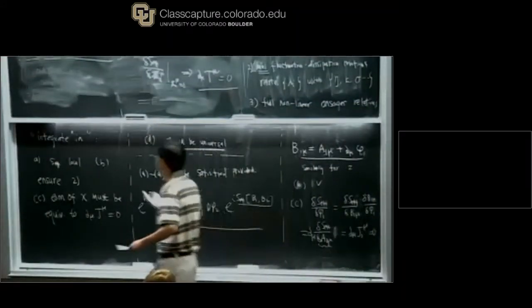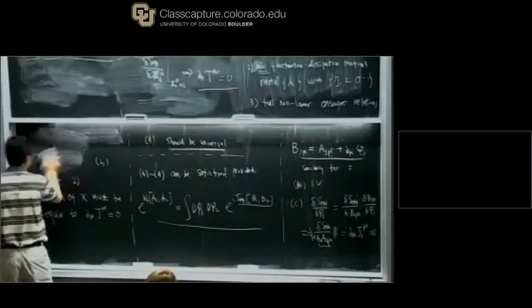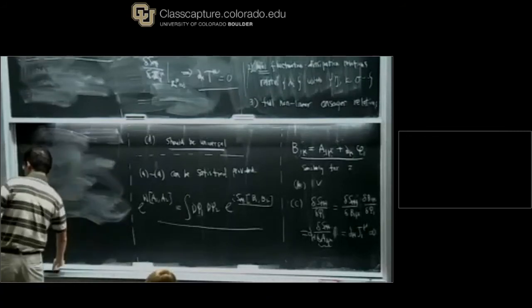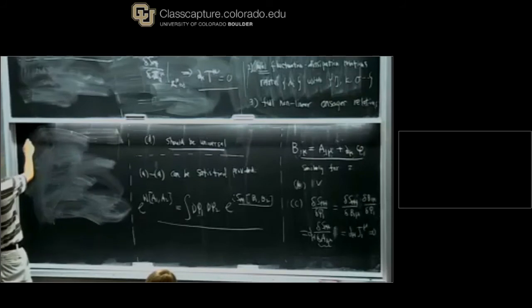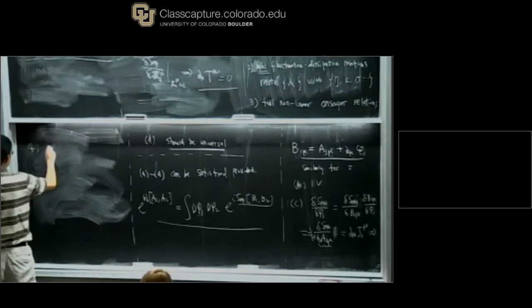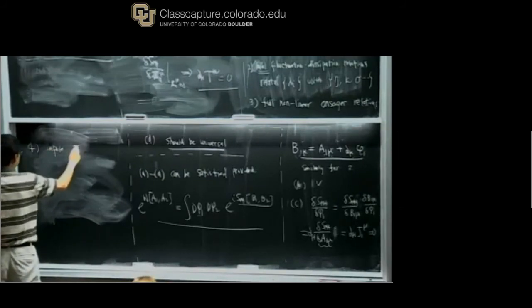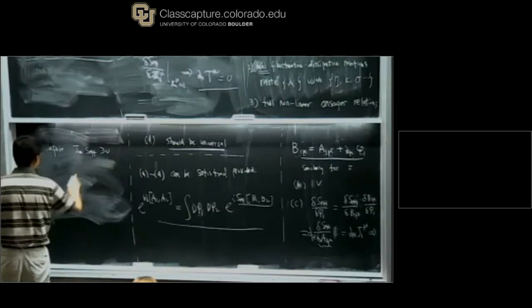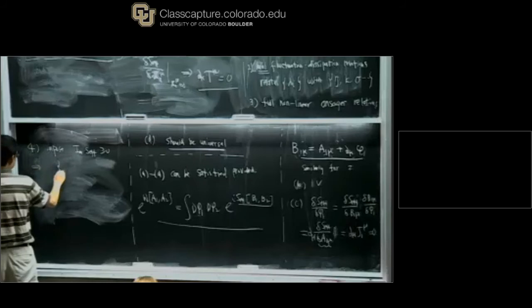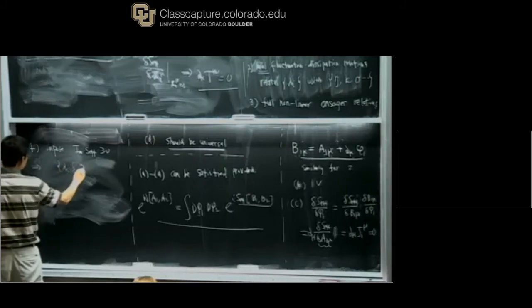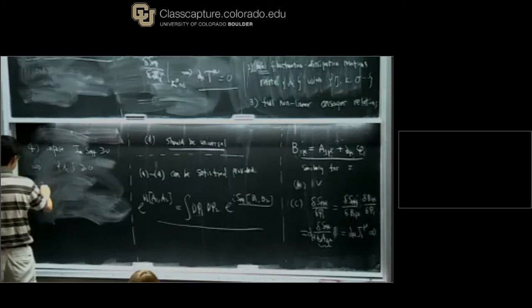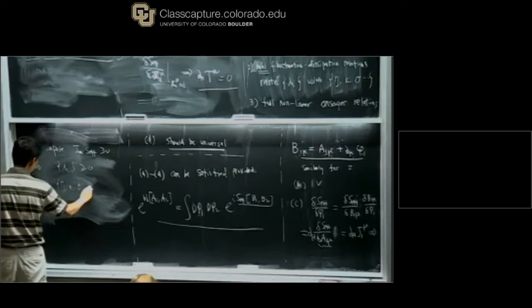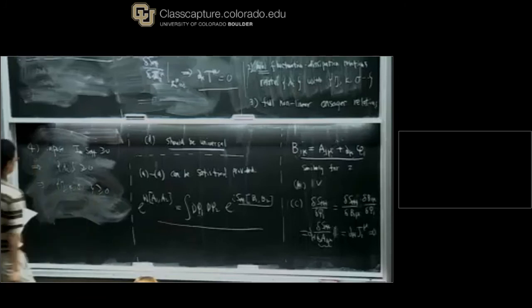Now if you impose the imaginary part of S effective to be greater than 0, then you deduce those lambda I should be greater than 0, and that tells you these dissipative coefficients should all be greater than 0.